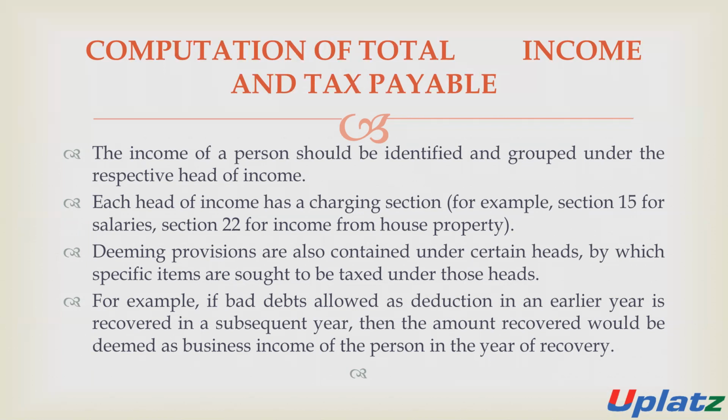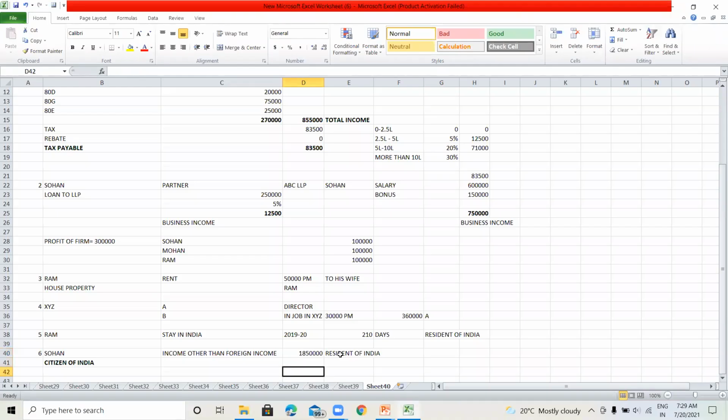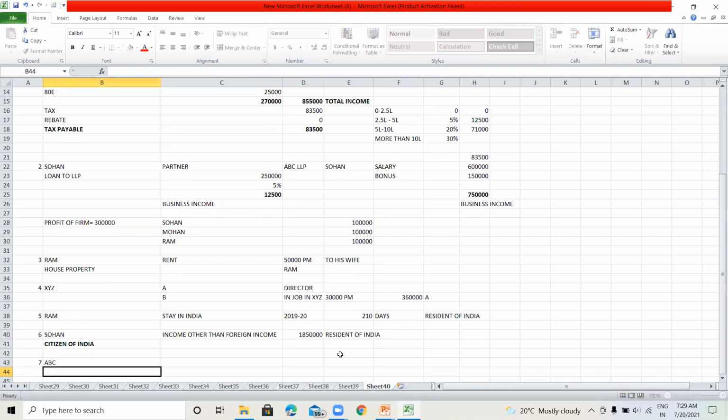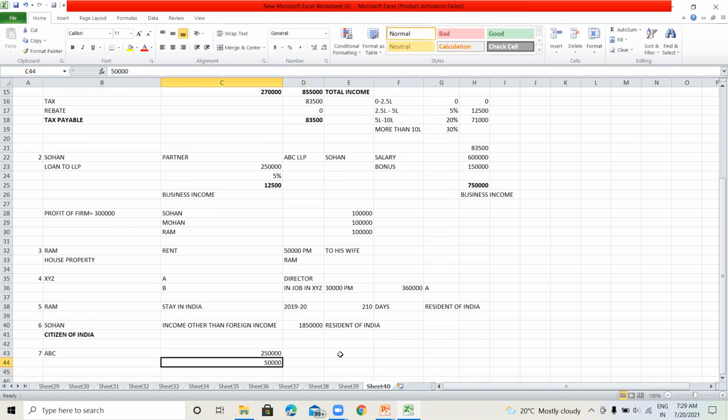For example, there is an organization ABC, and it claims 2,50,000 rupees as bad debts, and from such 2,50,000, 50,000 are received in 2019-20. Then such 50,000 will be considered as business income.